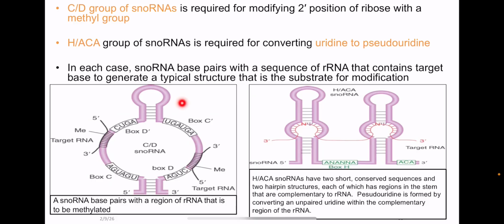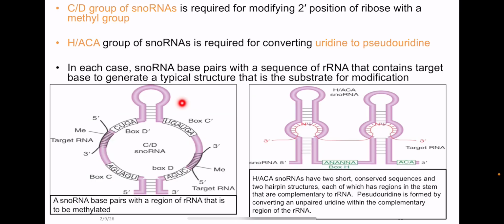That's a bit straightforward as well, but there are some other components of the snoRNAs. Let's look at different parts of the snoRNAs and what they do in processing of these rRNAs. The snoRNAs have a particular group called the CD group. This CD group is used to add methyl groups to the 2' position of the ribose on rRNA.